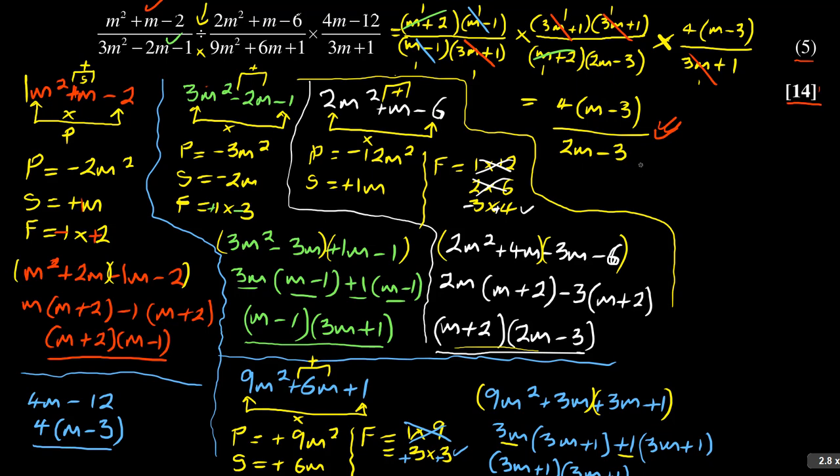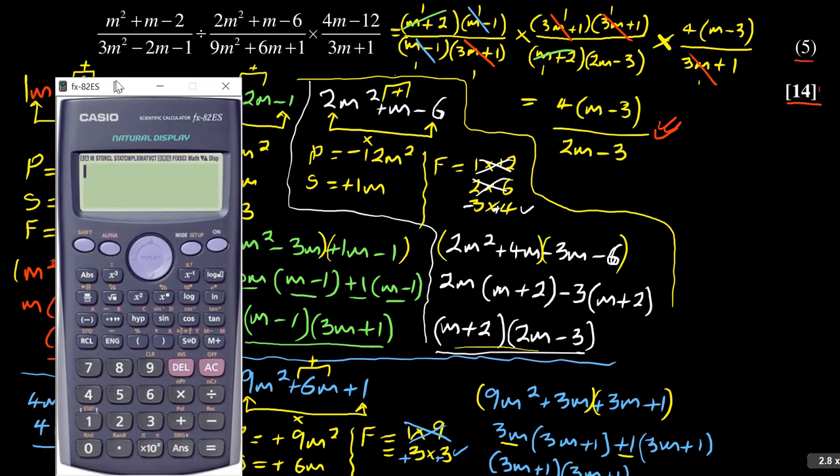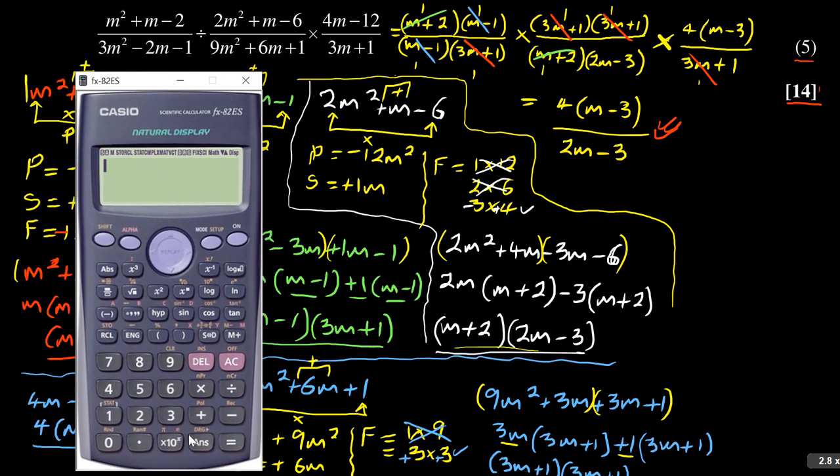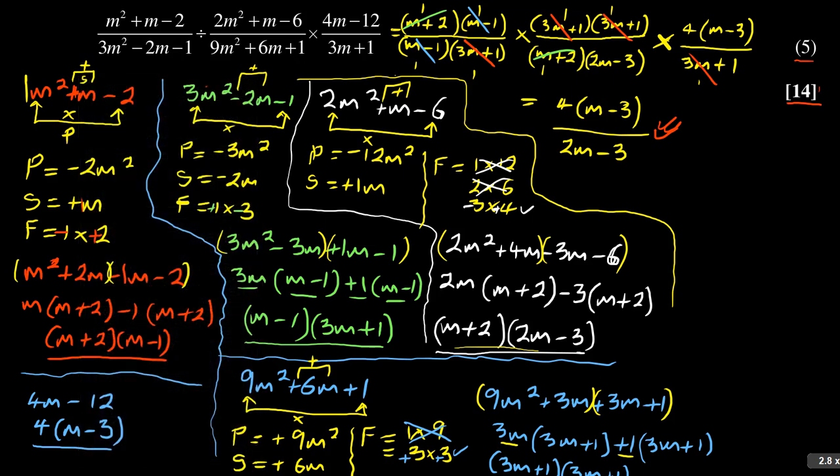But now sometimes I always ask myself, how do I know that my answer is correct? Now, to know that your answer is correct, you can give it this kind of a trial. What I do is I take my calculator and I usually choose any number. Remember, you're just checking if your answer is correct.